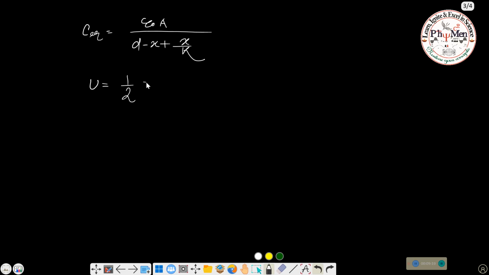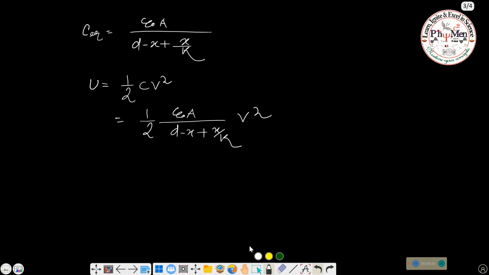It was half C V square. If we put the value of C as epsilon naught A by d minus x plus x by k, times V square, this will be our potential energy here.